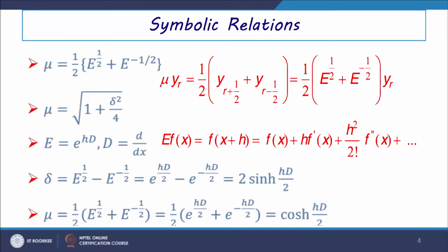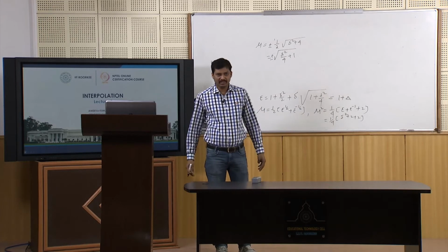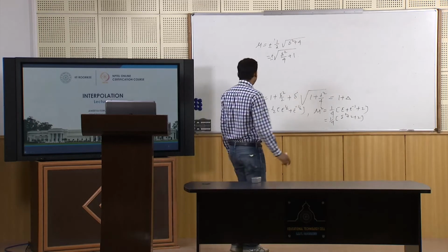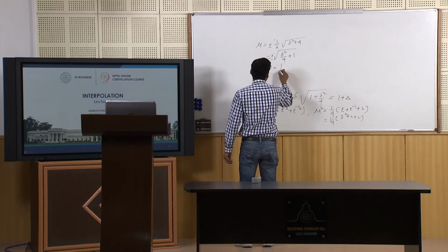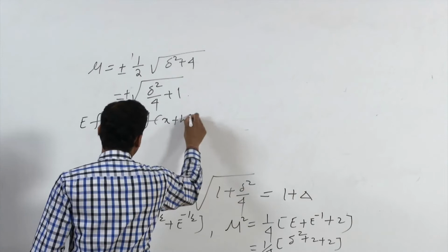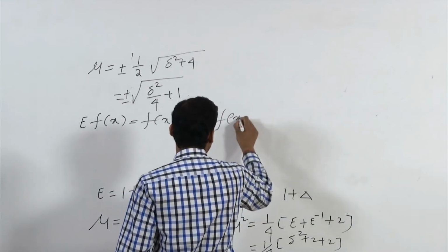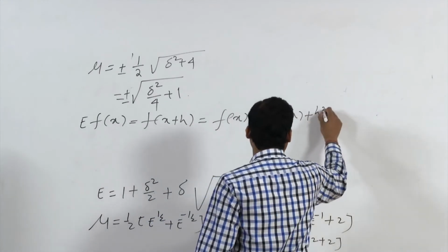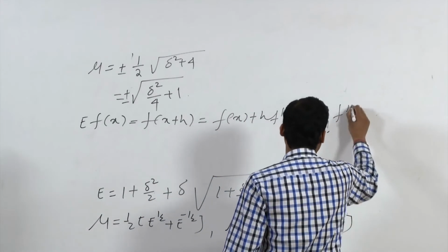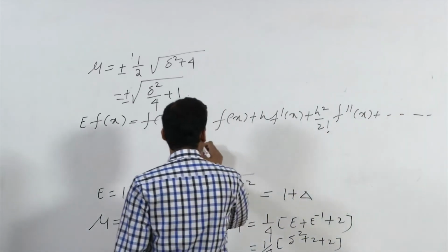Next, if we want to express the shift operator in the form of a differential operator, usually E of f of x is written as f of x plus h, and hence if we expand it in Taylor series form, it can be written as f of x plus h f dash of x plus h square by factorial 2 f double dash of x plus so on.